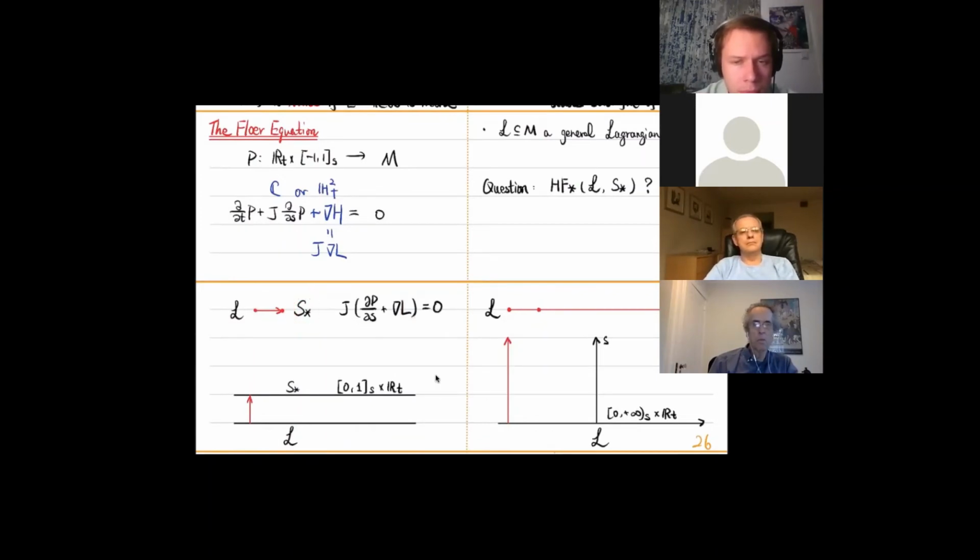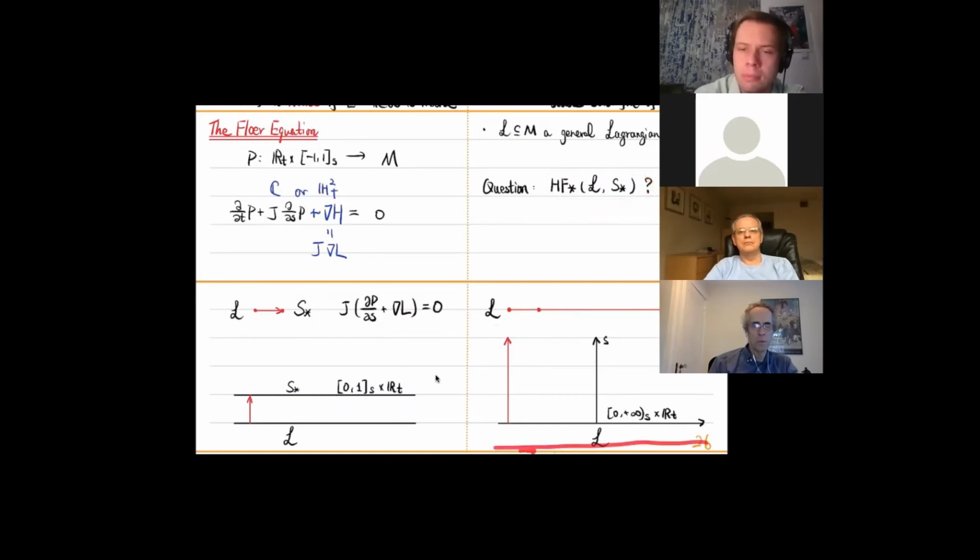This means we can also continue this flow line until, in the limit, it approaches this critical point of the superpotential.